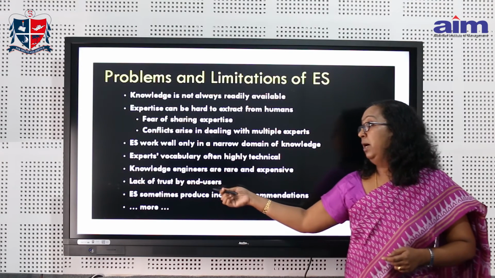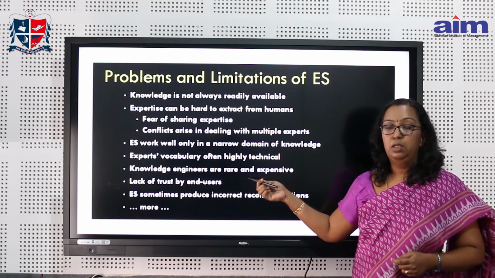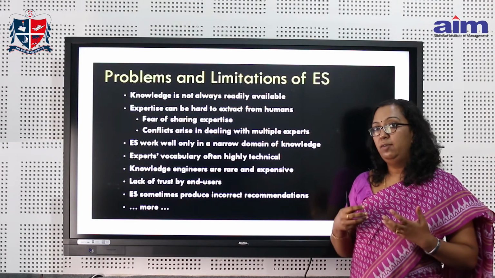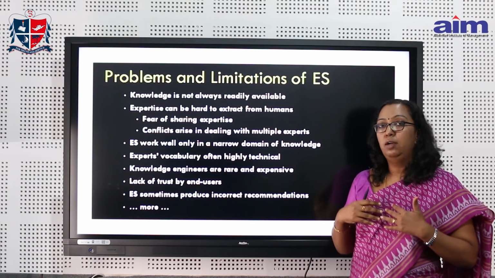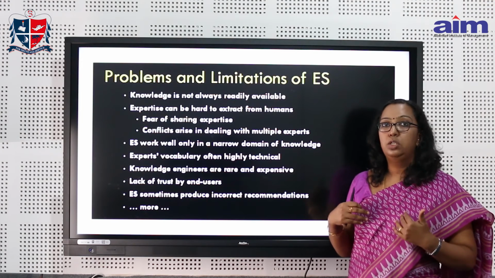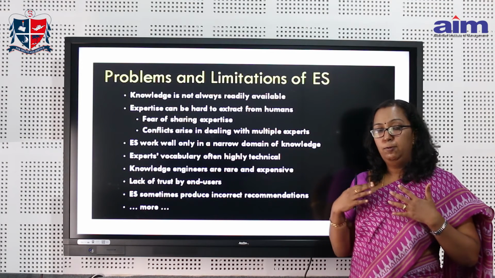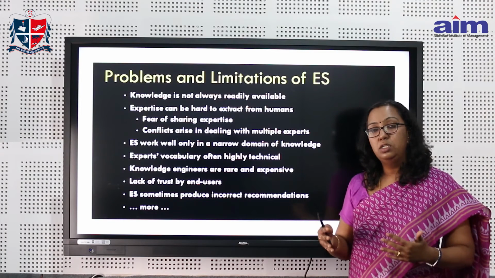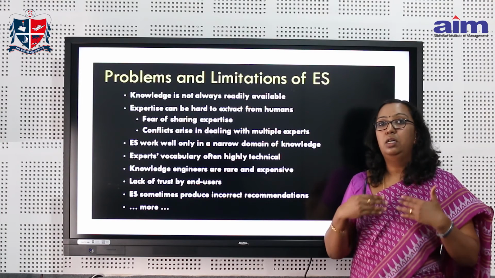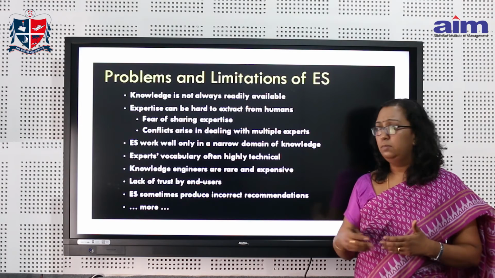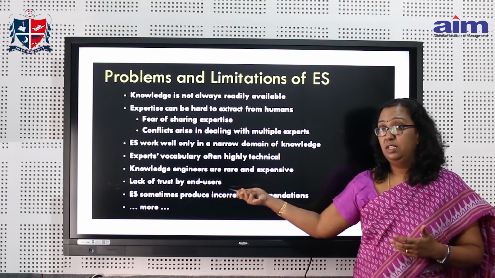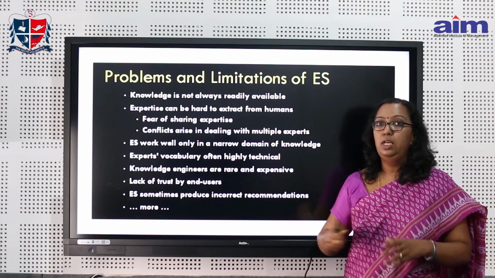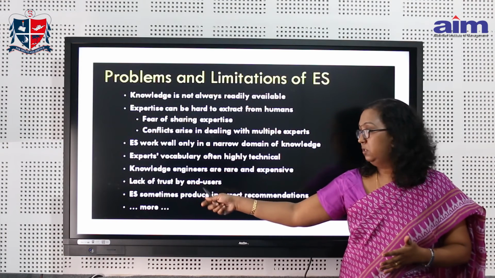Then lack of trust by the end users. We humans have a tendency to believe in our own gut feelings and our own intuitions. We are reluctant to trust our system. So that lack of trust can undermine the benefits of expert systems.